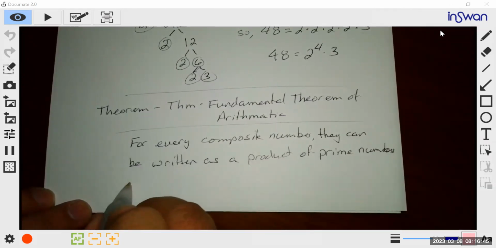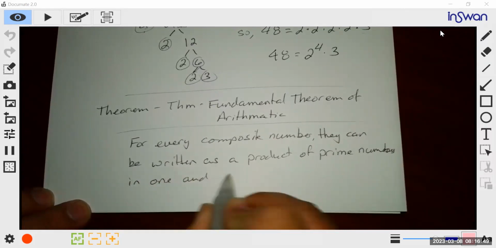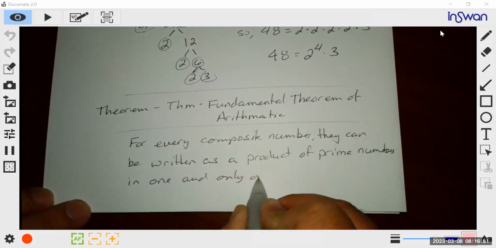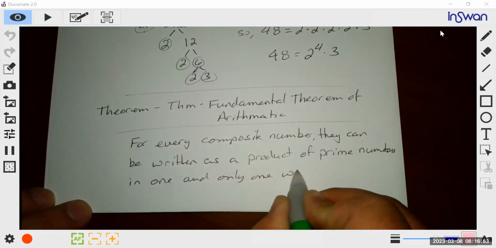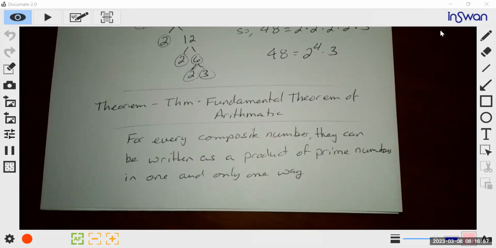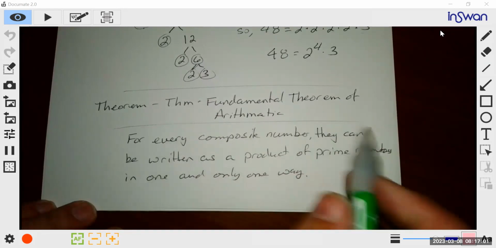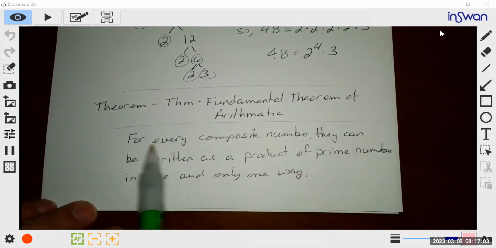But they can only be written in one and only one way. This is the fundamental theorem of arithmetic. For every composite number, they can be written as a product of prime numbers in one and only one way.